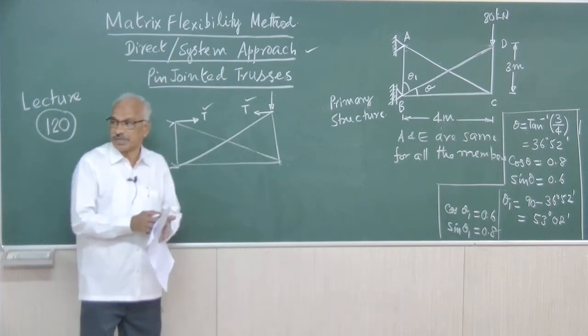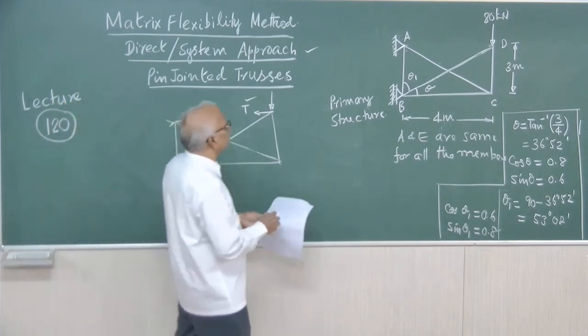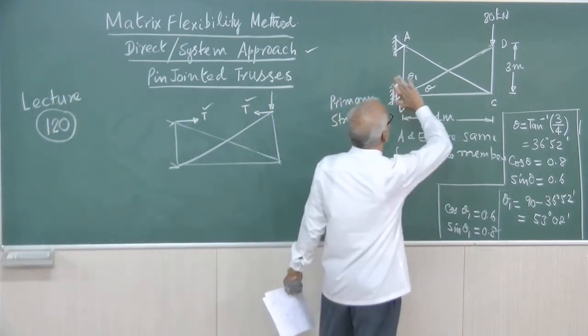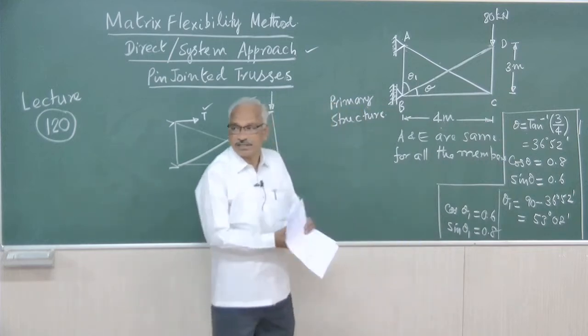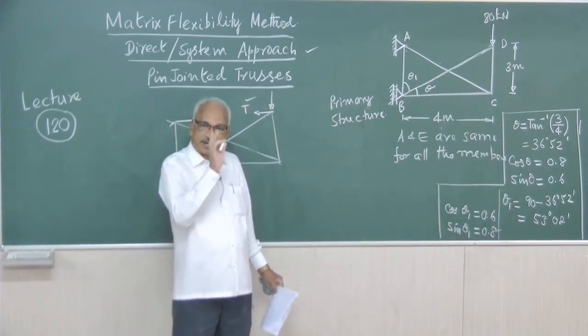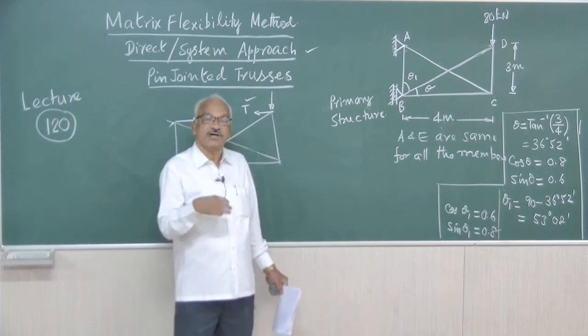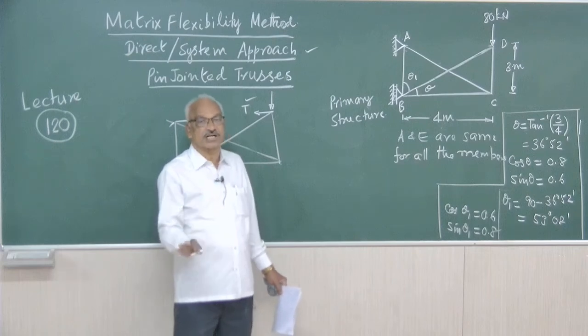Now, in this method, what we do is, we remove the redundant member and make the structure statically determinate. The primary structure will be analyzed due to the given external force.